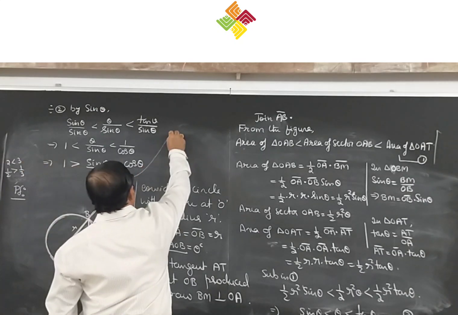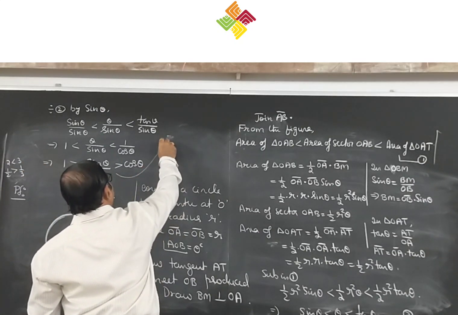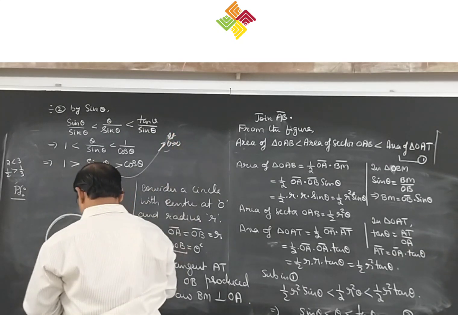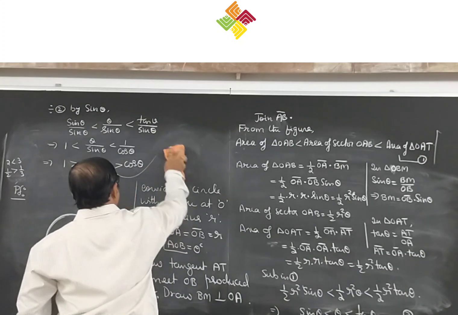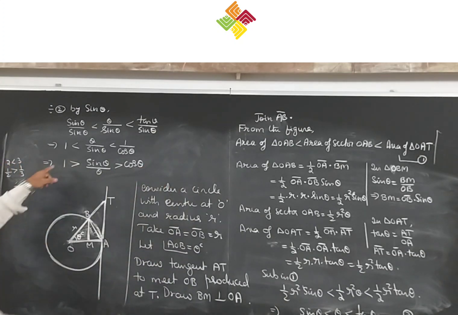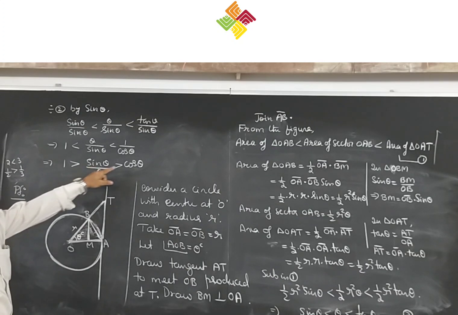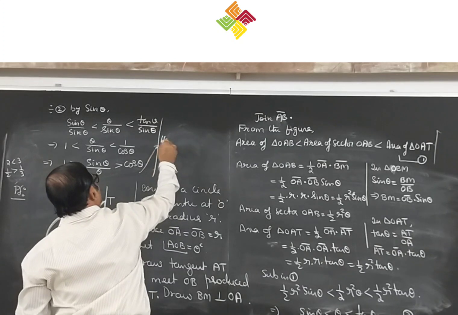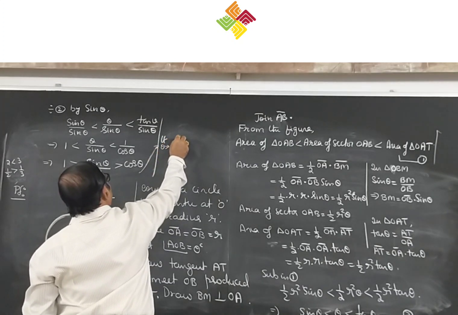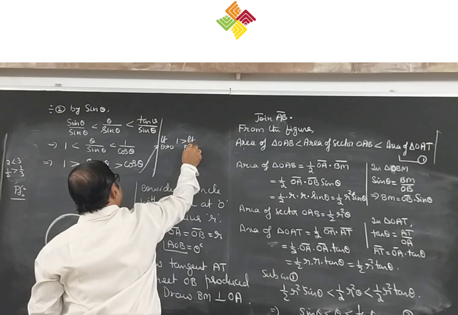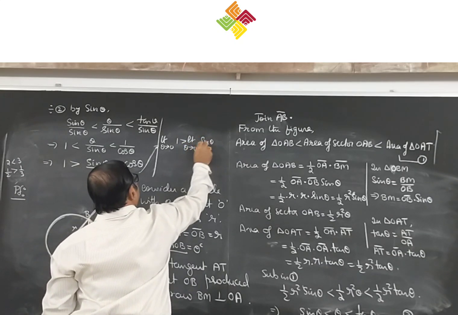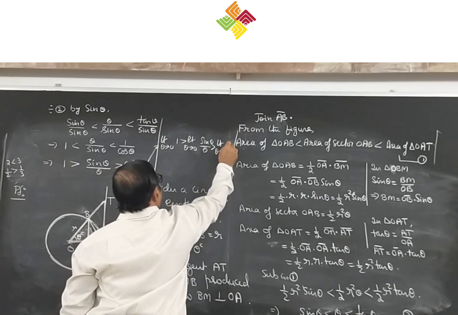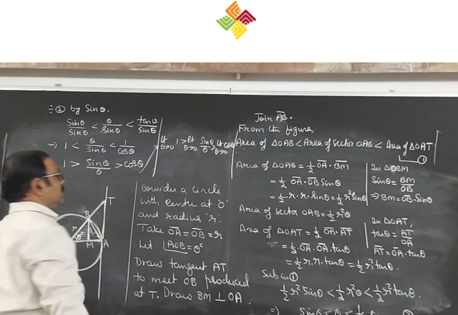Then you apply the limit. Limit theta tending to 0. So, 1 greater than sin theta by theta greater than cos theta. You apply the limit: limit theta tending to 0 of 1, limit theta tending to 0 of sin theta by theta, limit theta tending to 0 of cos theta.